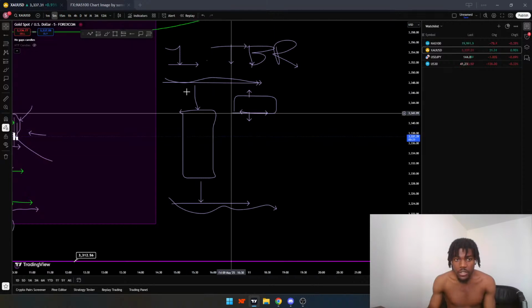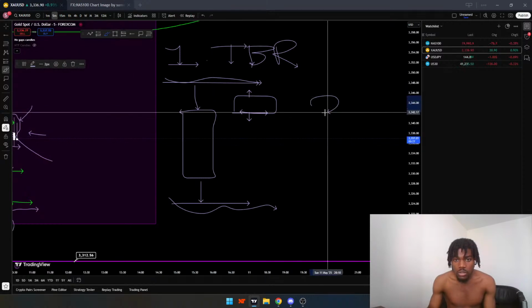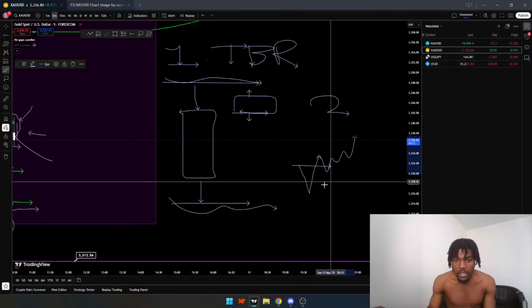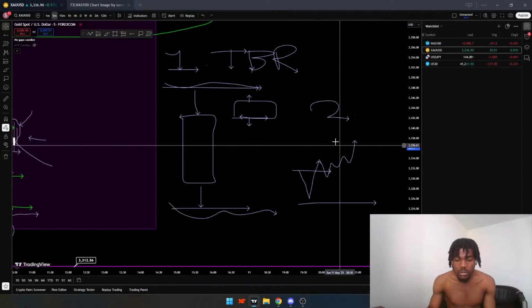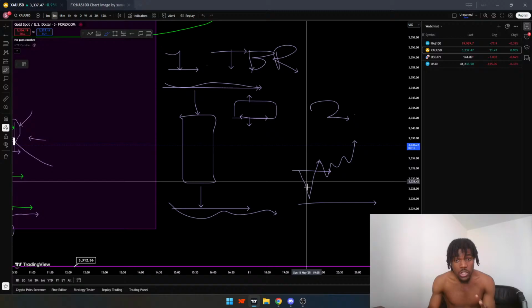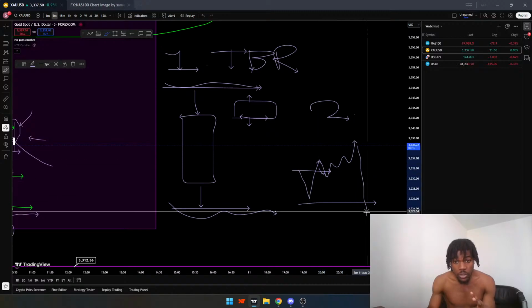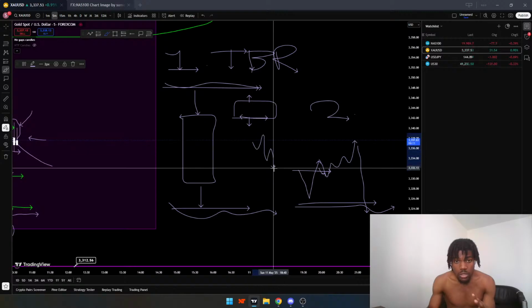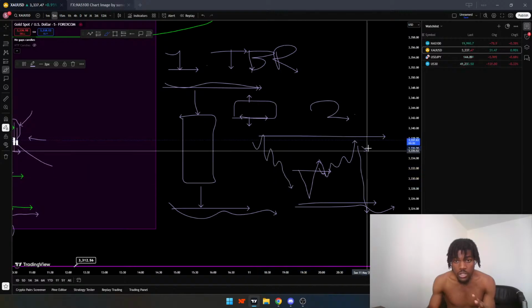You look inside this candle, you usually see number two, a pullback. This is structure, by the way. Number two is structure. You usually see a pullback, the liquidation of a pullback, or it could be like that, right? You can see the liquidation of a pullback.